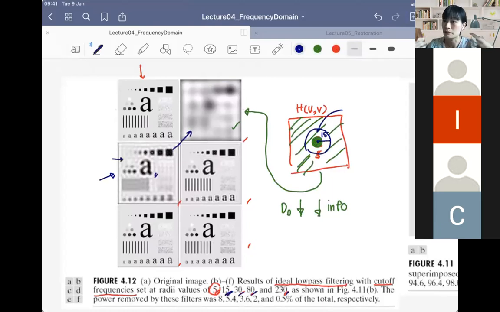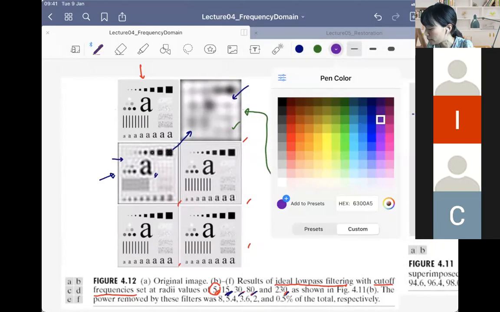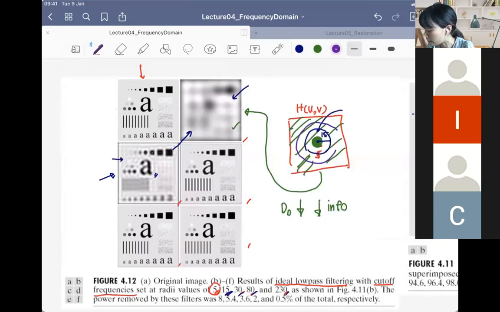To summarize from this image, the low frequency is the overall image that you see. But for the higher frequency, whenever you increase the size of the cutoff frequency, you will see clearer and clearer, because more of the higher frequency information has been added to the image.